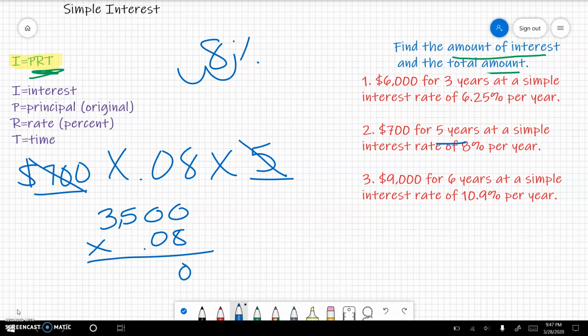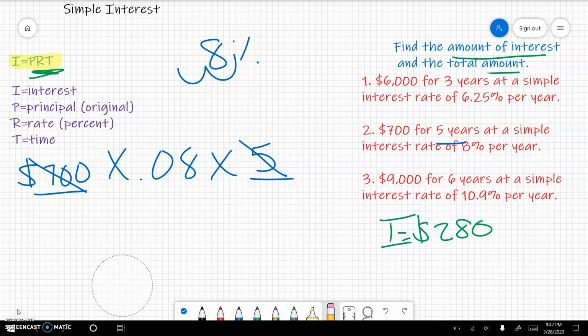8 times 0, 8 times 0, 8 times 5 is 40. 8 times 3 is 24, plus 4 is 28. I count up in my question. There's 2 spots behind the decimal, so I move my decimal over twice. My interest for number 2 is $280. It also wants me to find the total for this one.